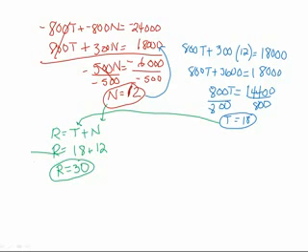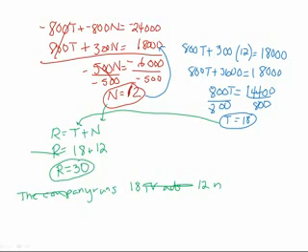So this is a word problem, so we need to finish with a word answer. So it would be the company runs 18 TV ads, 12 newspaper ads, and 30 radio ads.